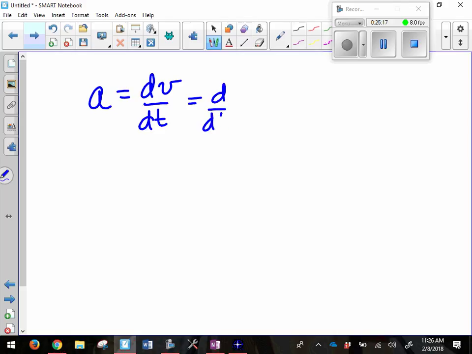Remember that v is omega r. Remember again that if I'm talking about a rigidly rotating object, then r, the distance between the point that I'm interested in and the rotational axis, is going to be a constant because the points don't move with respect to each other.